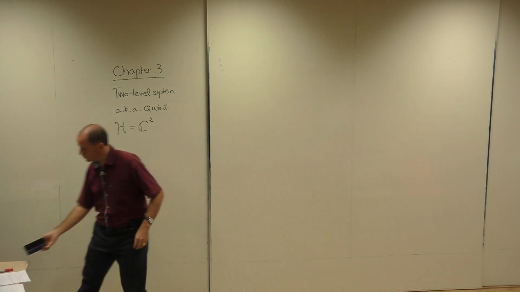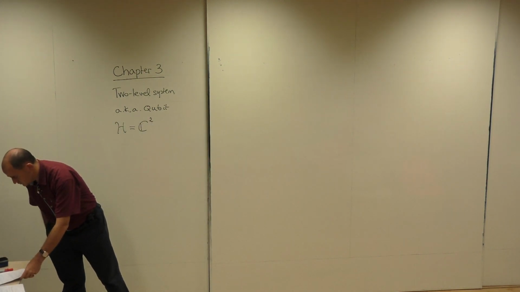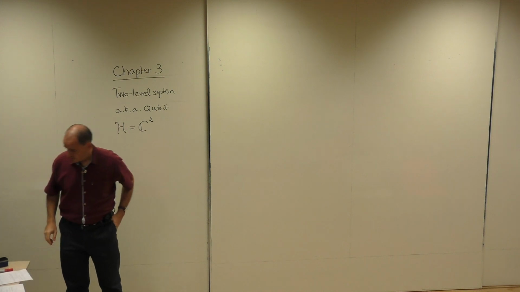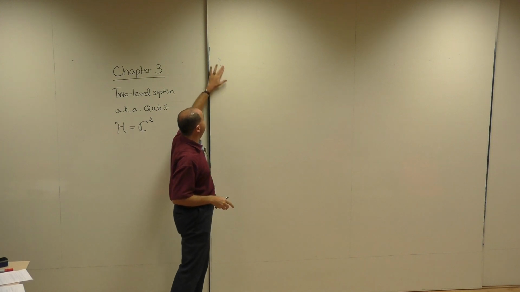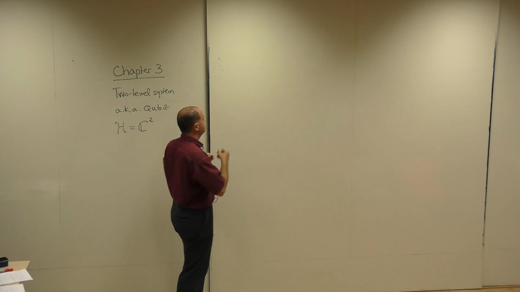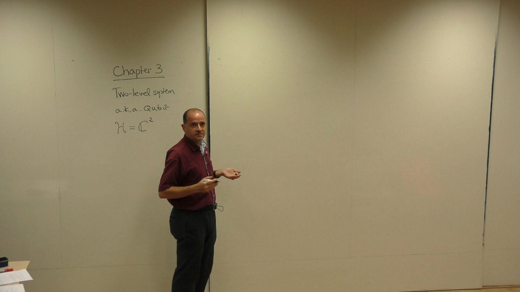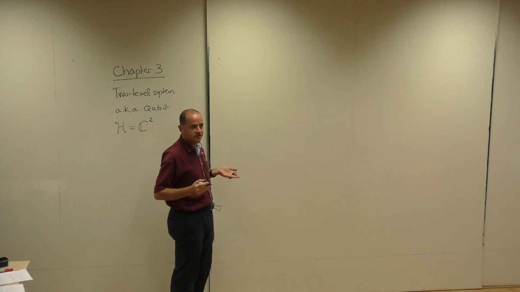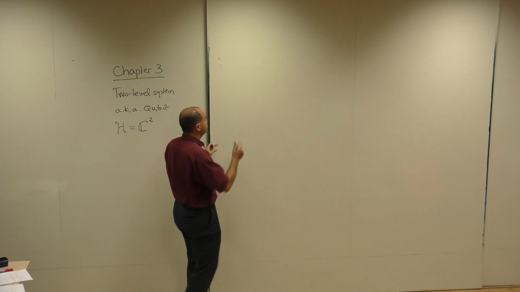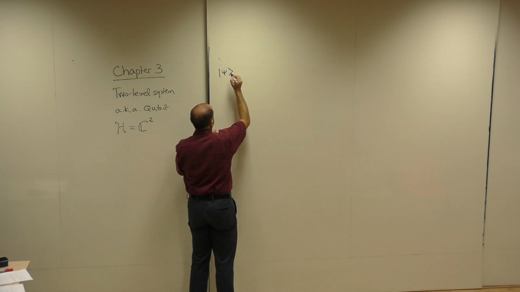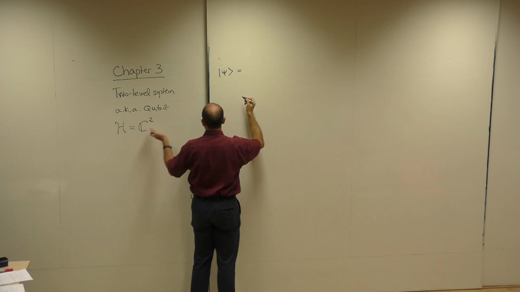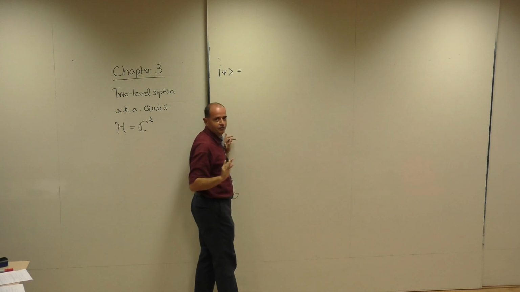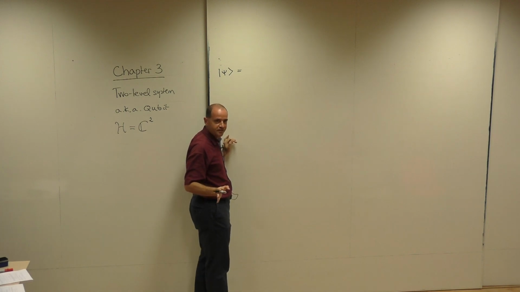Now, first of all, what is the most general state in C2? Well, a state in C2, if you give me a basis, is any linear combination with complex coefficients of that basis. Therefore, any psi can be written, if I choose to use the computational basis. Again, remember, every state is a good state, every basis is a good basis.